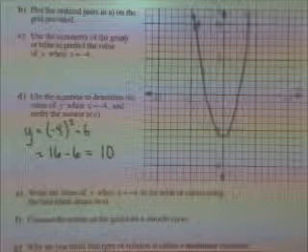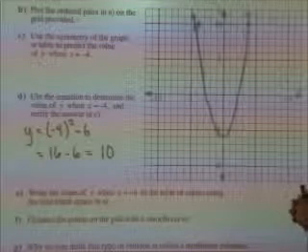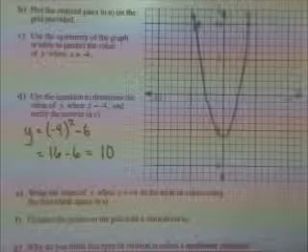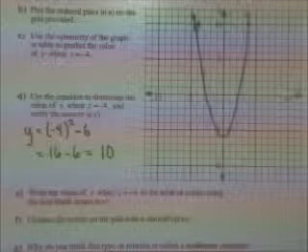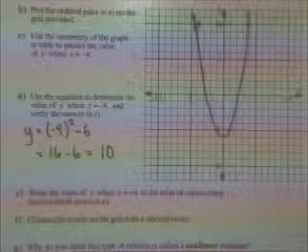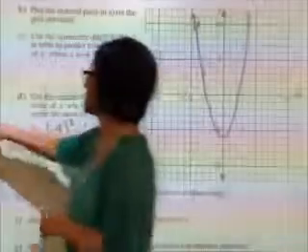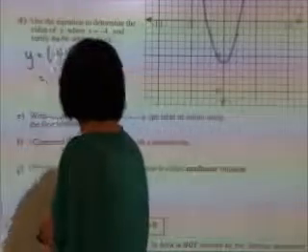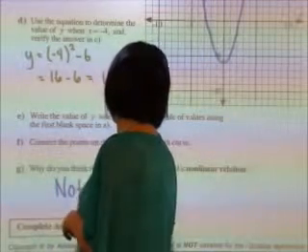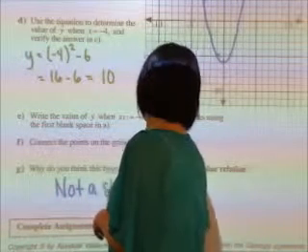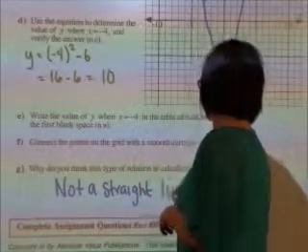We call this type of relation non-linear. Why do we use the word non-linear? Because it's not a straight line. It's still a line, it's just a line that curves. So we call this non-linear because it is not a straight line.